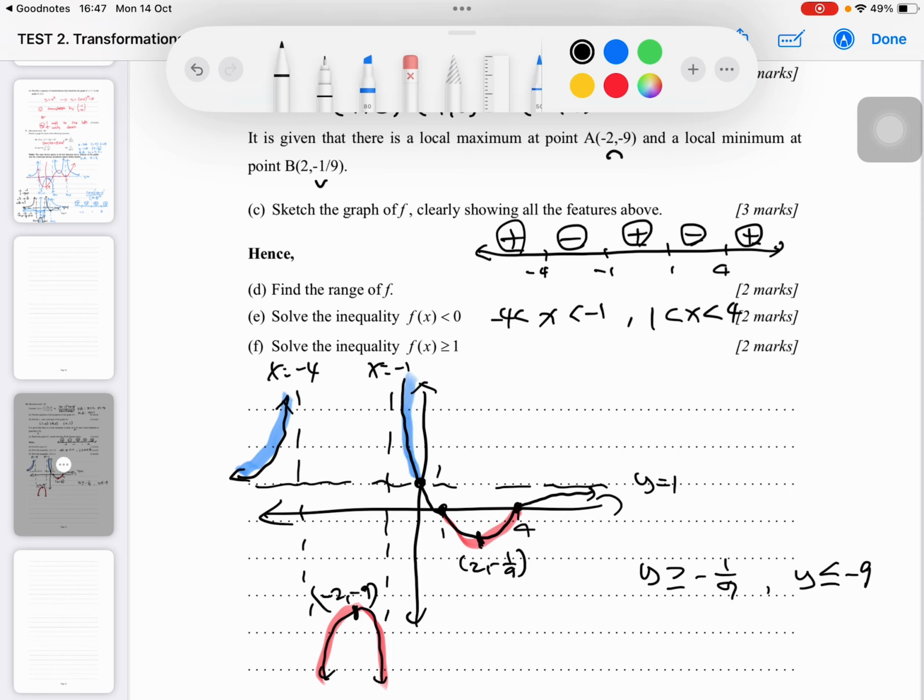So x is smaller than -4. Actually, strictly smaller, because -4 is not inclusive because it's an asymptote. And x is between -1 and 0. This is the answer.